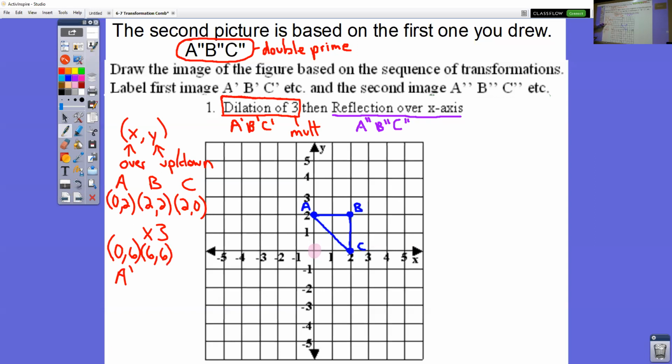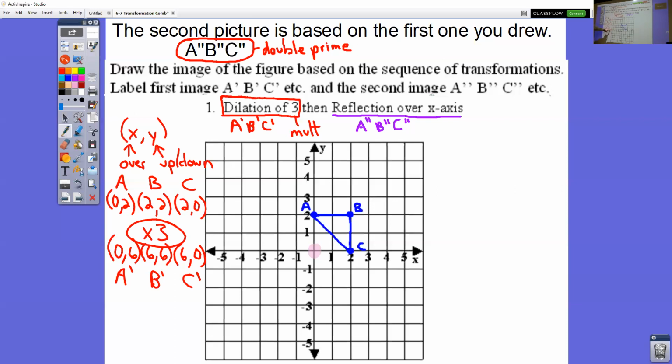So B, which was 2, 2, turns into B prime, which is 6, 6. 2, 0: 2 times 3 is 6, 0 times 3 is 0.